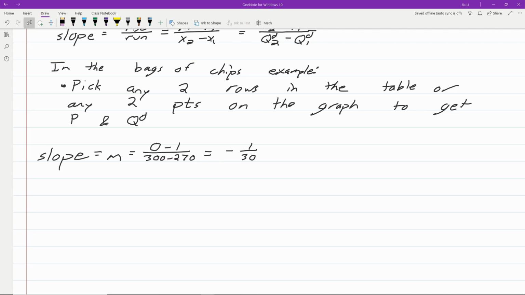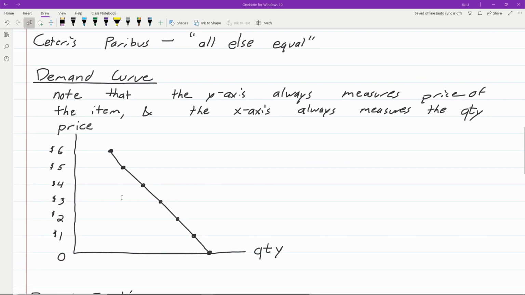Okay, so that gets us the slope. But then how do we solve for b? As we can see from our graph, the demand curve doesn't reach all the way to the y-axis, so we can't just check our graph to see where that is.